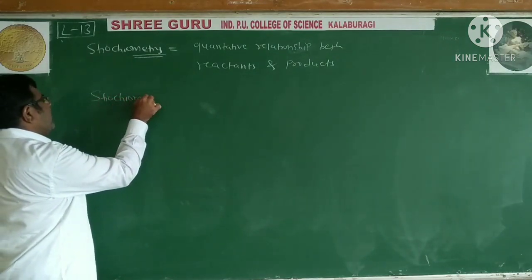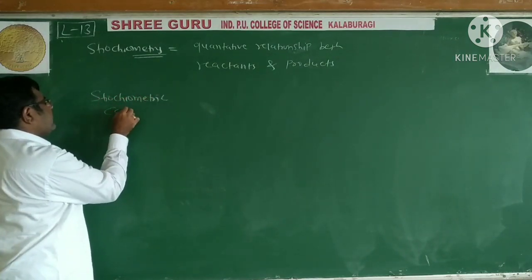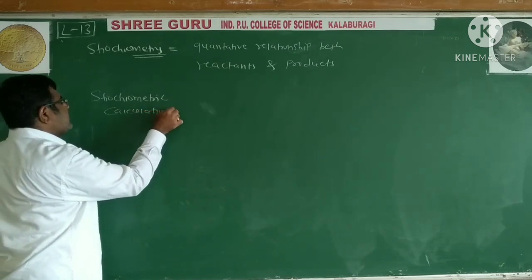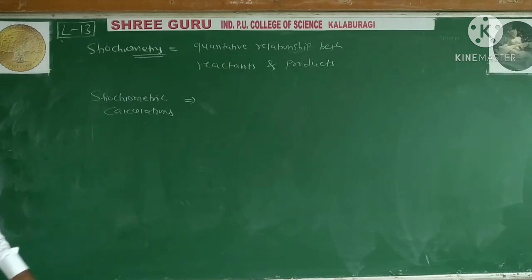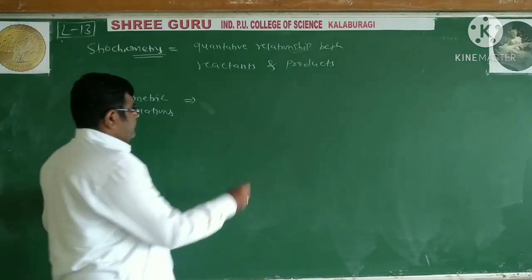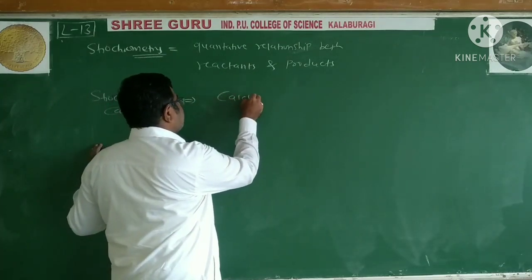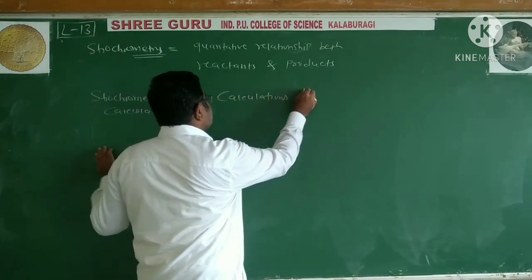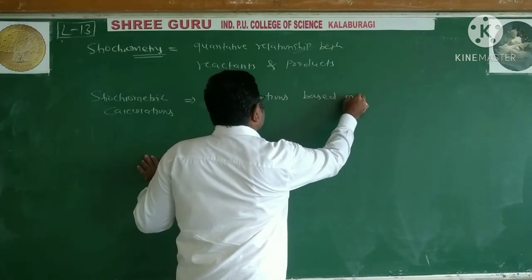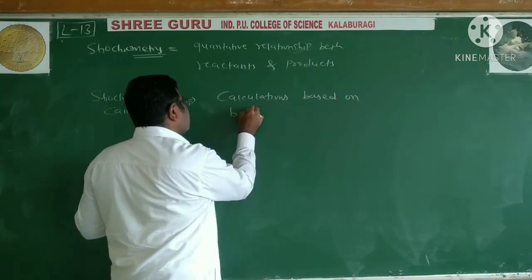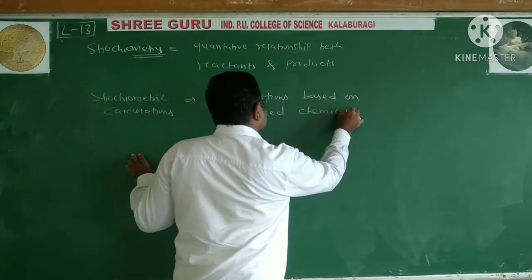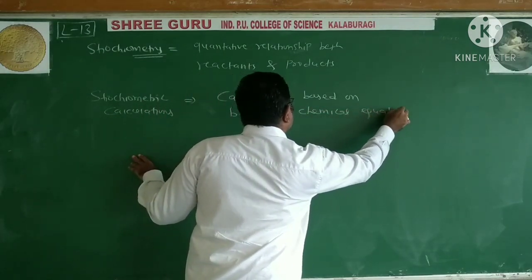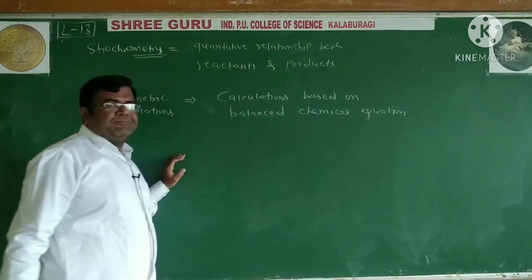And stoichiometric calculations means the calculations based on a balanced chemical equation.